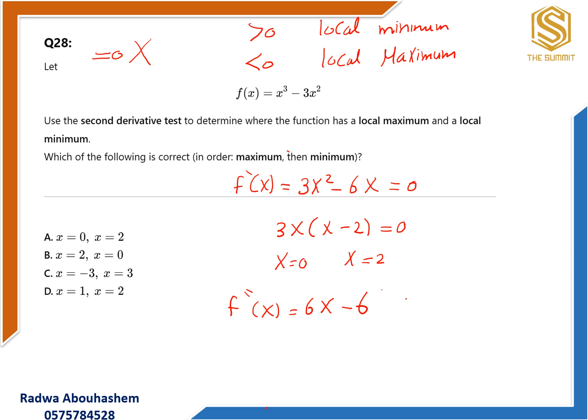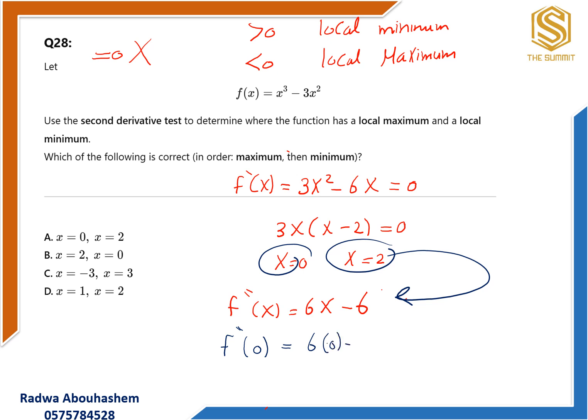Now, I'm going to substitute these values in the second derivative. So 6 times 0 minus 6 gives me -6. And let's substitute the 2. So 6 times 2 minus 6 gives me 6.